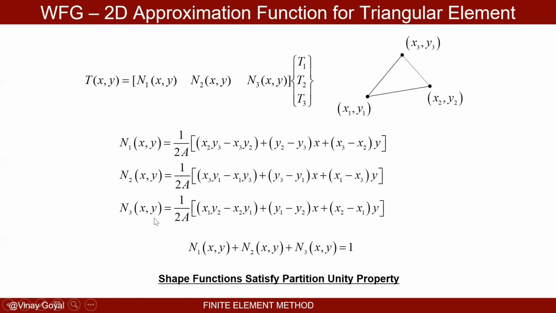Remember, the N1, N2 and N3 in the weak form Galerkin are the basis functions, the trial functions. And those are the ones that have to satisfy the homogeneous boundary conditions. We discussed that. In this case, each of these shape functions is 1 at the corresponding node, but 0 at the other nodes. And then the summation of these shape functions is 1, which is quite powerful.